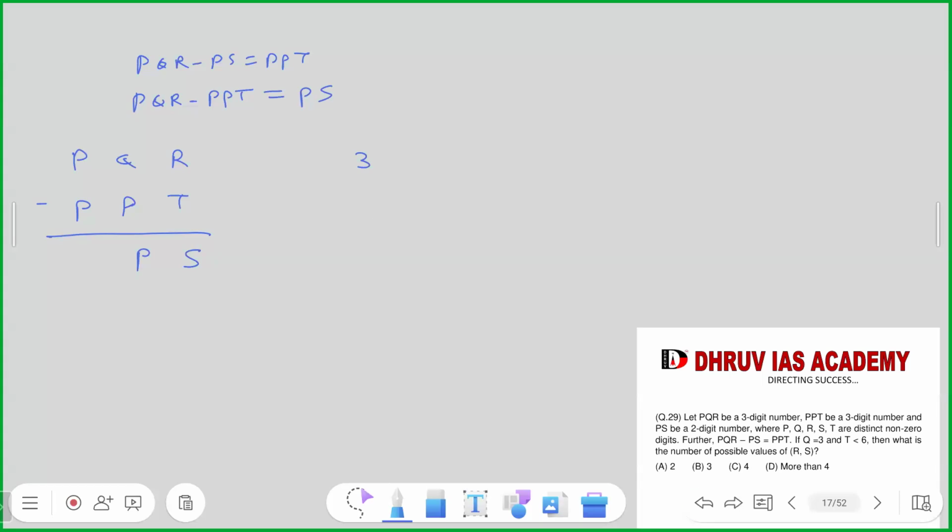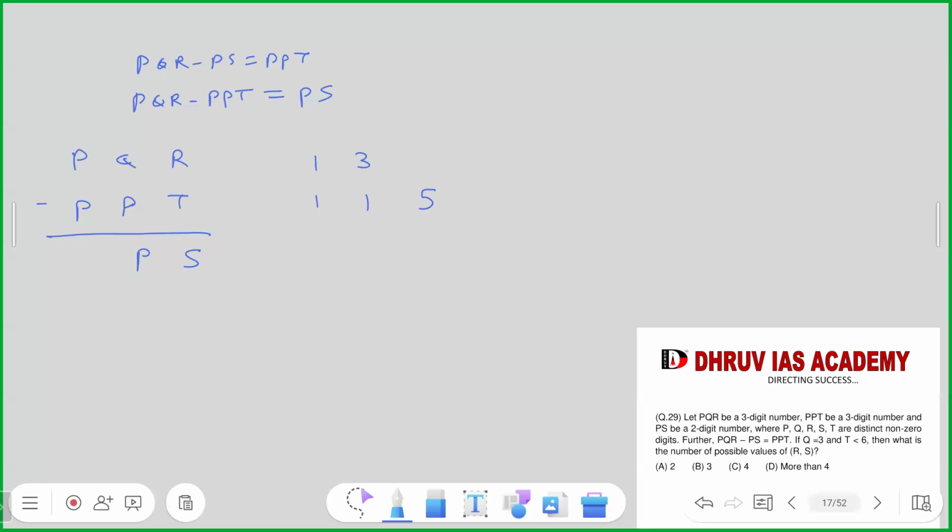Then R and T. T can be less than 6, but T cannot be 1 or 3. So T can be 4 or 5, say 5. Then PS should also be a separate number, not any among these.